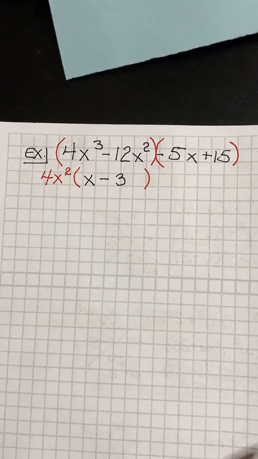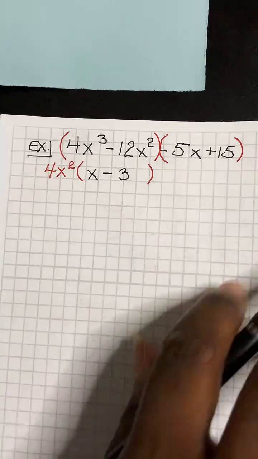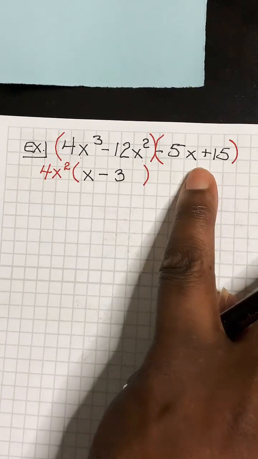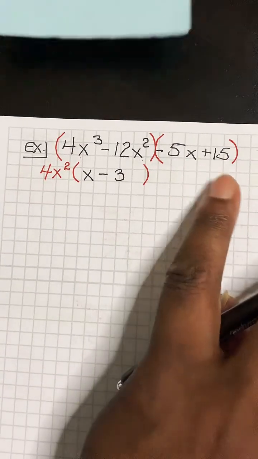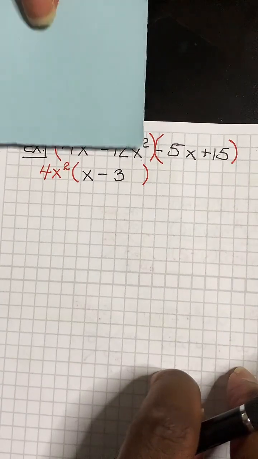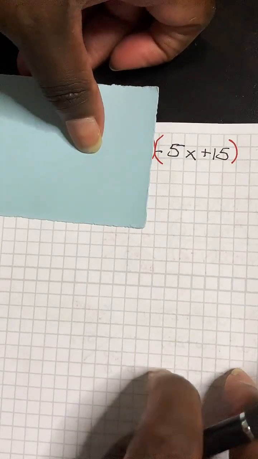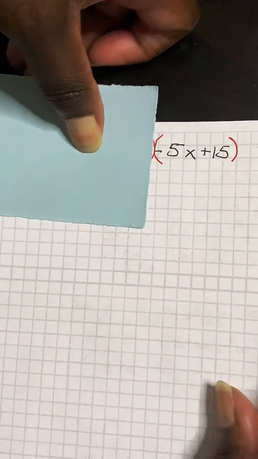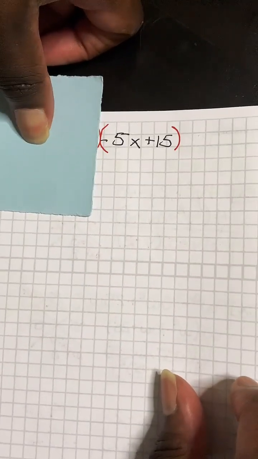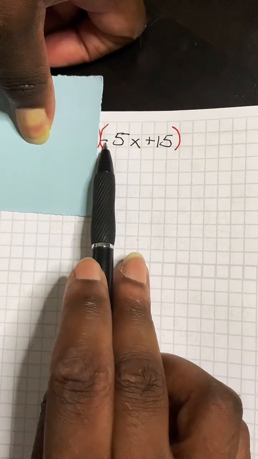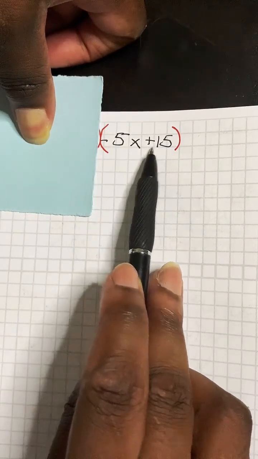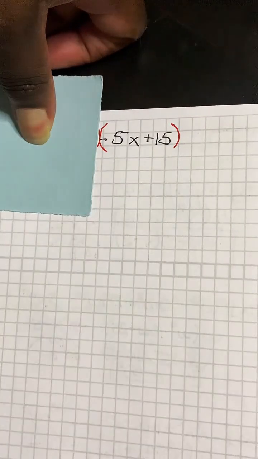All right, so now we have this next parenthesis. I'm going to cover up the previous one and focus on this last one. We have negative 5x plus 15.